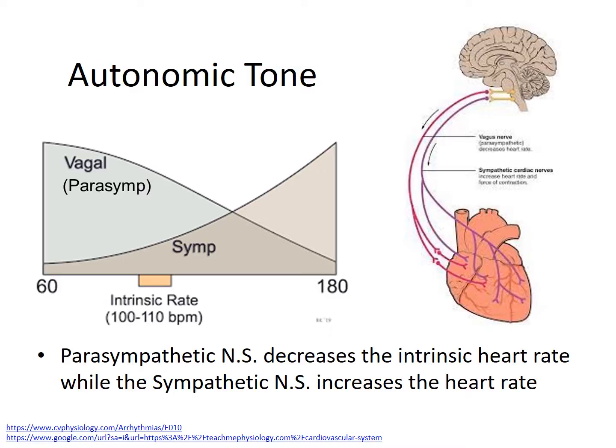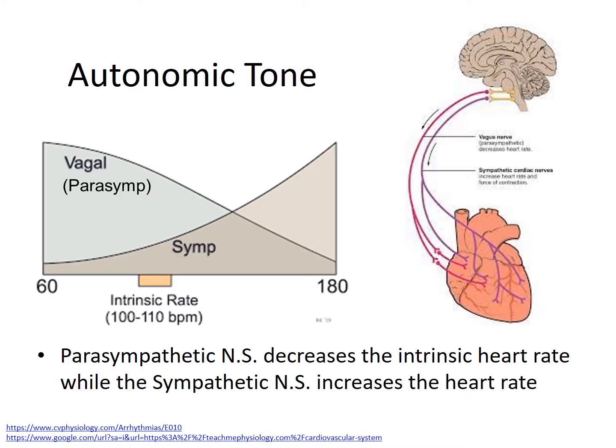So this changing balance between the activities of the two subdivisions of the autonomic nervous system can be described further in an example of the heart rate. The parasympathetic nervous system tends to decrease the intrinsic heart rate. The heart is autorhythmic, where it sets its own rate.